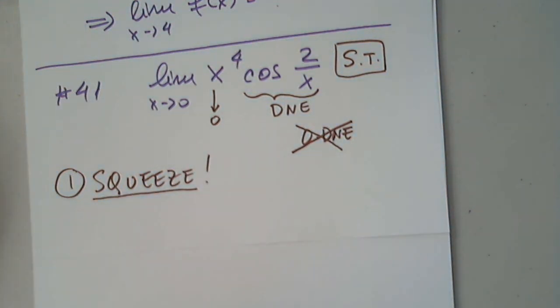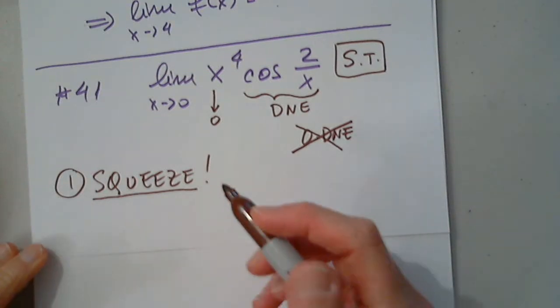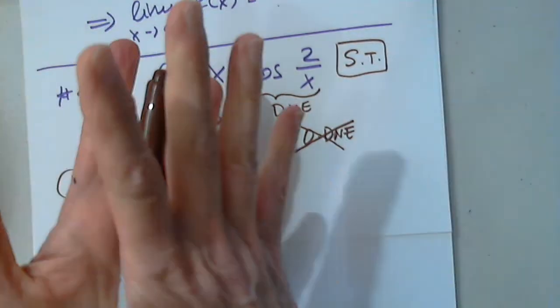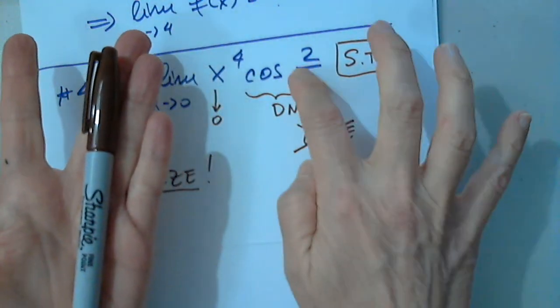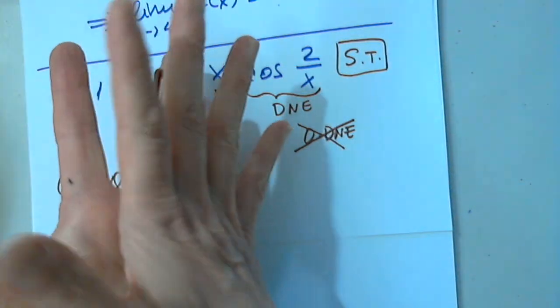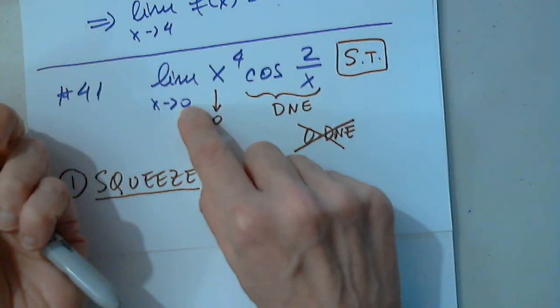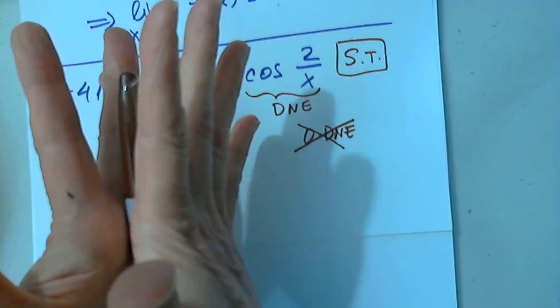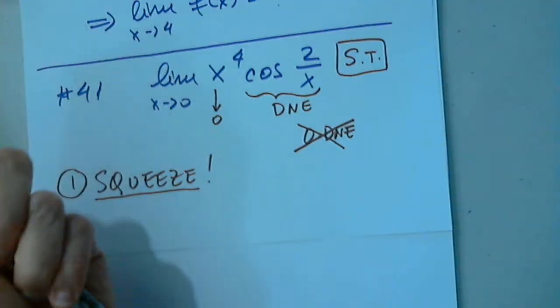How do I show the squeeze? Meaning I have to find the bound functions, right? If this is my function, I have to find the upper function and the lower function near this. I don't care outside, but close to it. So I have to find the top and the bottom.